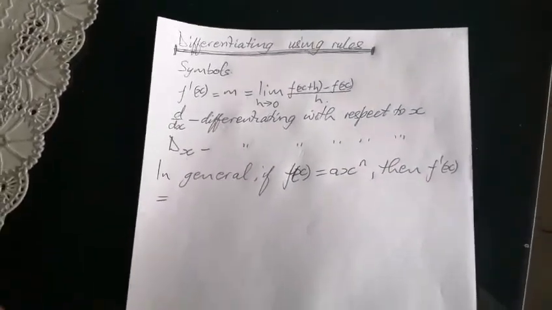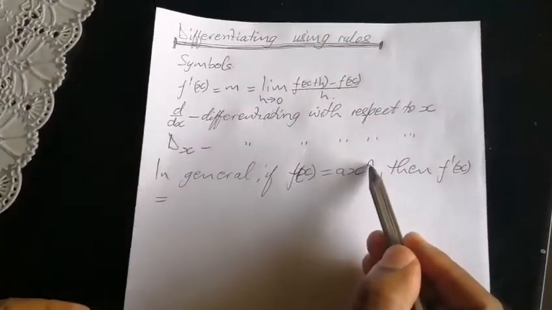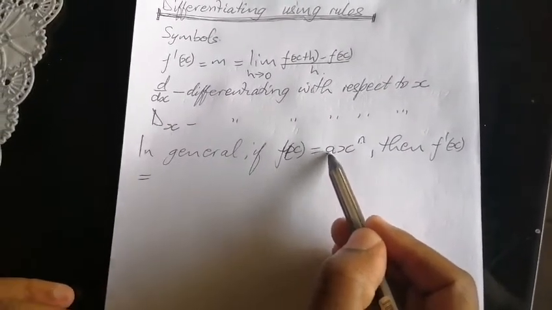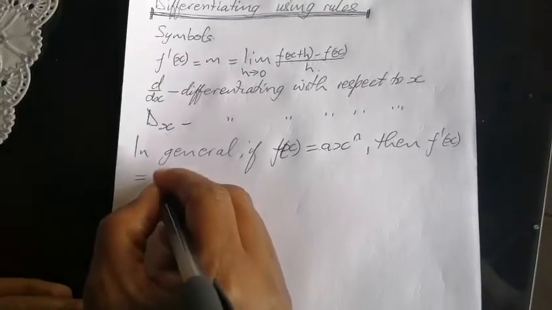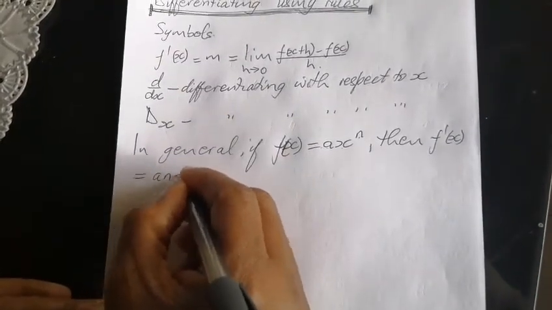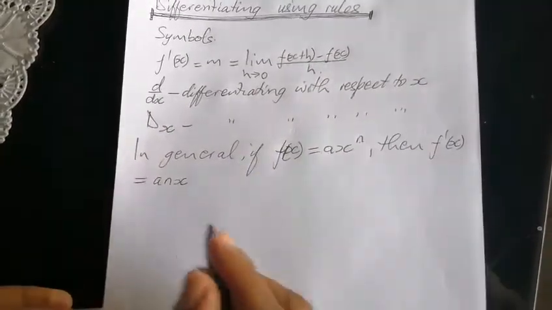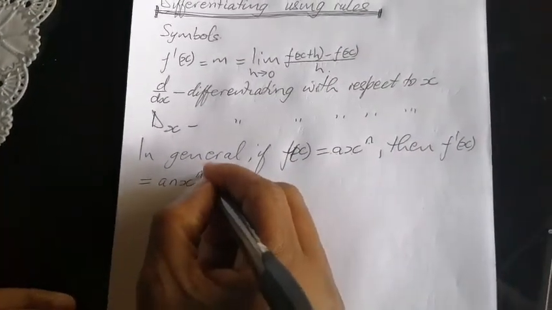You don't have to ask me why. We take this n, we write it to multiply ax. So there will be anx. Then the n comes back, but we subtract 1.